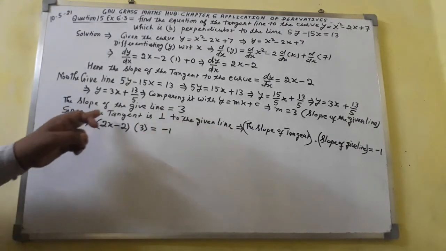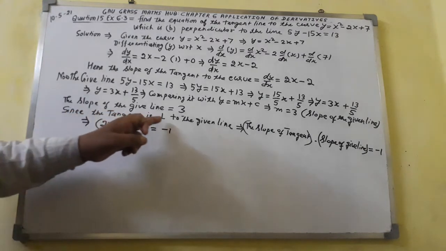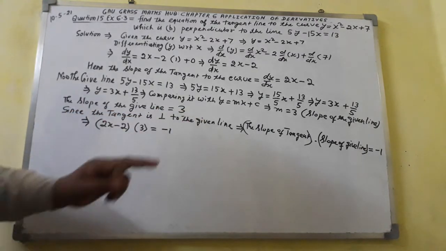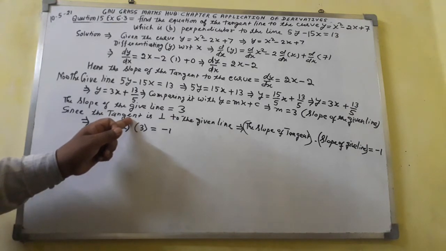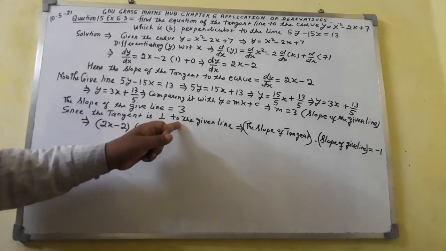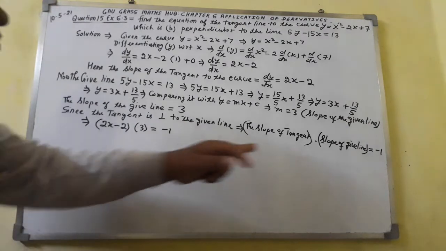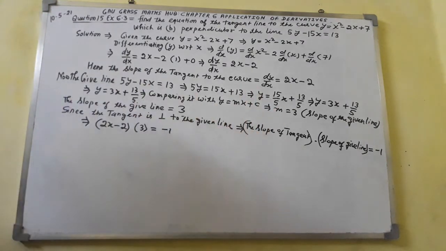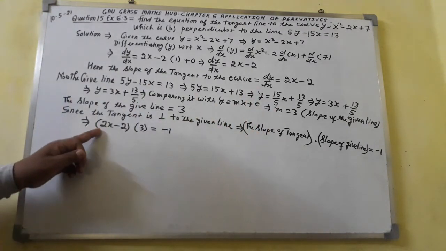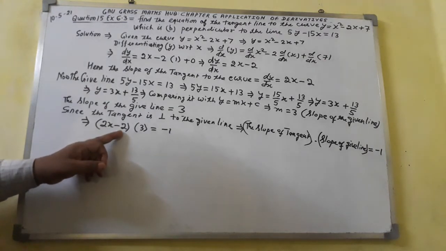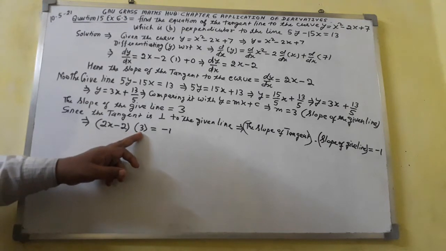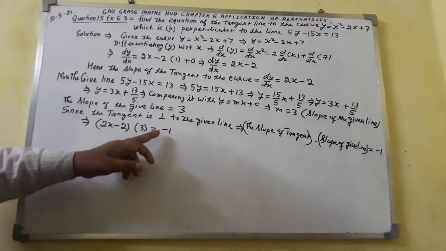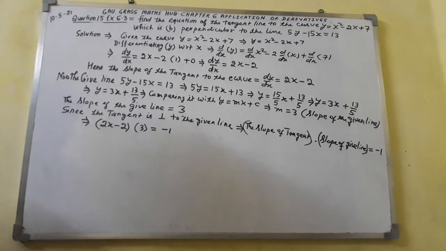This is the formula. Since the tangent is perpendicular to the given line, slope of the tangent multiplied by slope of the given line comes out to be minus 1. This is the formula you must remember. So the slope of the tangent 2x minus 2 multiplied by slope of the given line 3 comes out to be minus 1.